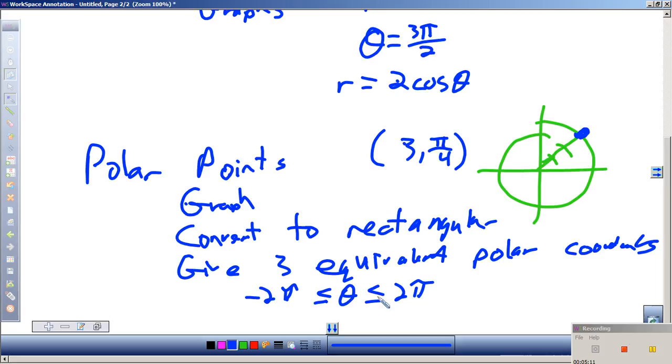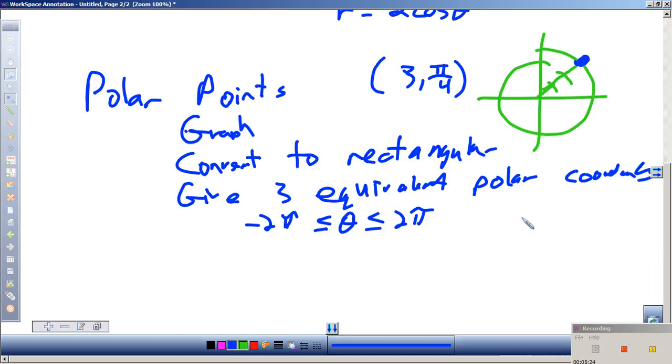Remember the formula. x equals r cosine theta. y equals what? r sine theta. So what is r in this case? 3. What is theta? Pi over 4. So what is cosine of pi over 4? Root 2 over 2.